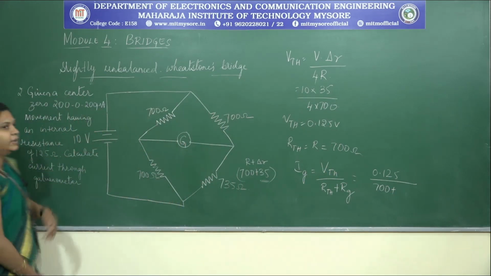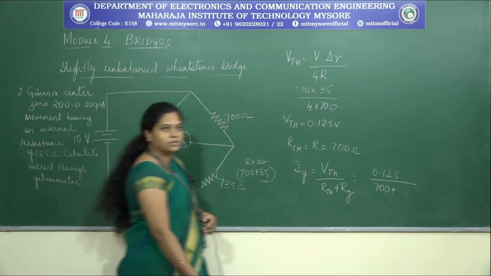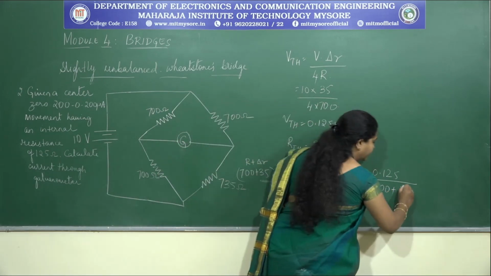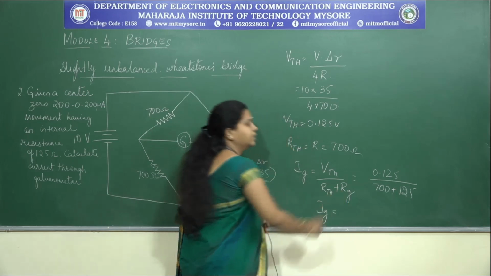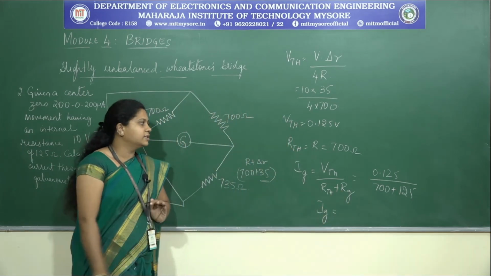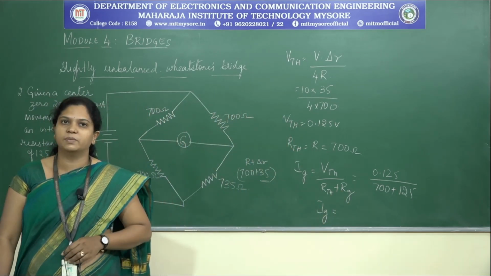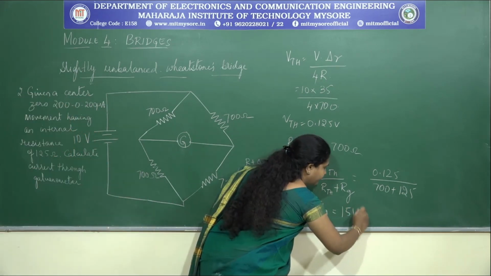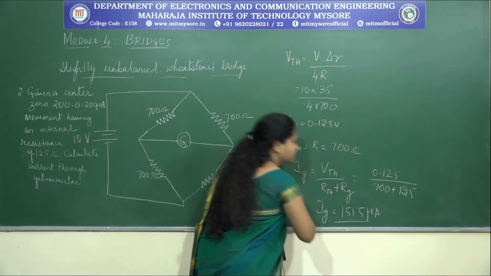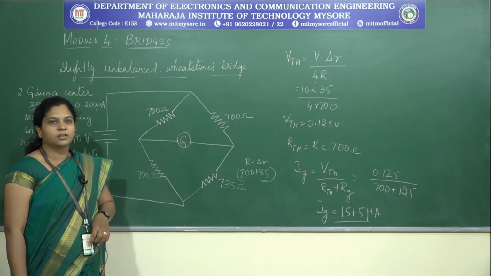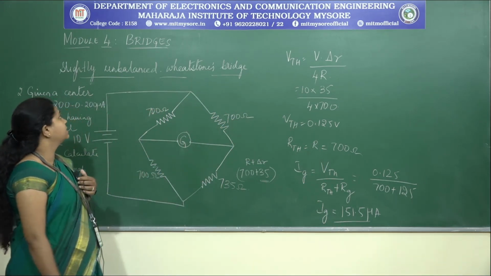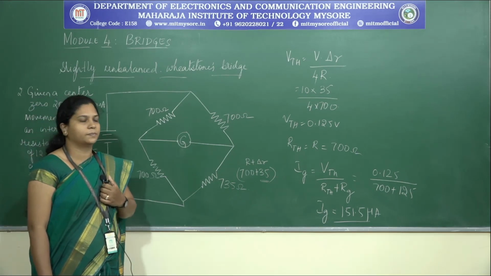See, in the problem, 125 ohm is the resistance of the galvanometer. So substitute 125 and find the current through the galvanometer. 151.5 microamps is the value. Understood? So this is how we solve problems on a slightly unbalanced Wheatstone bridge.